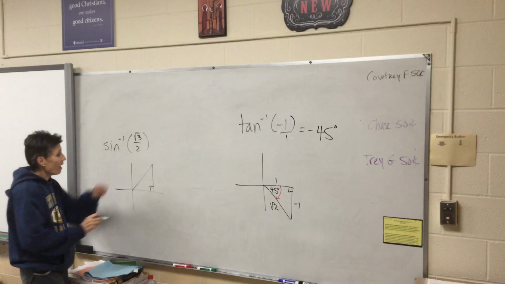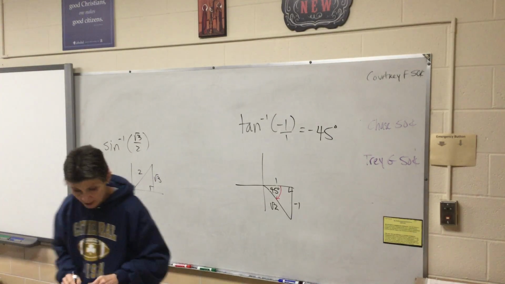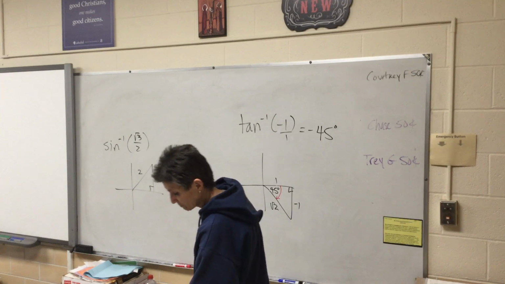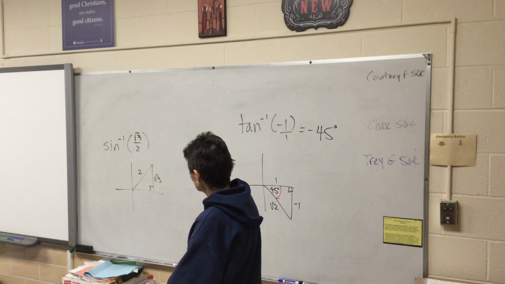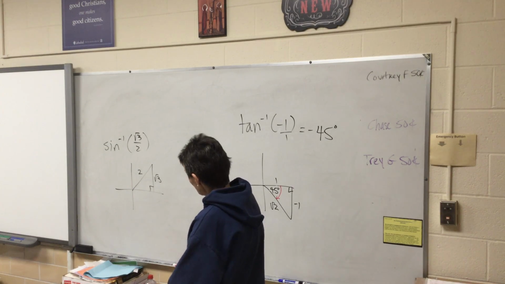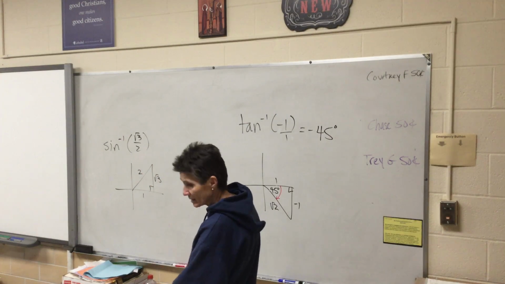I know the sine, opposite over hypotenuse, is root 3 over 2. That makes this one. I recognize that triangle. We worked with that triangle a lot.